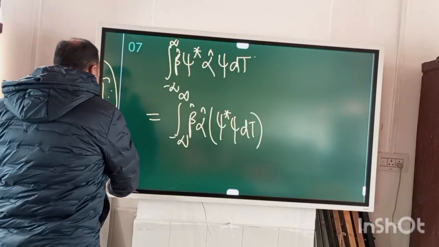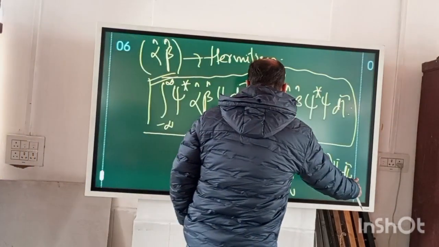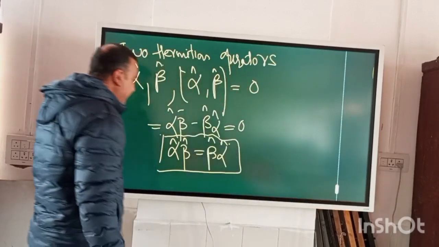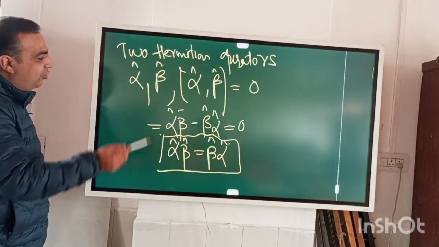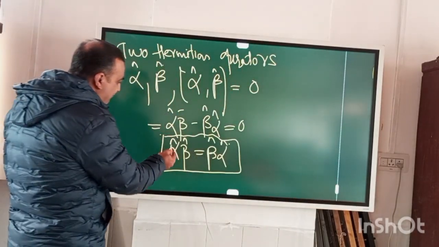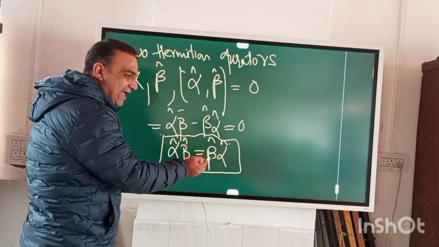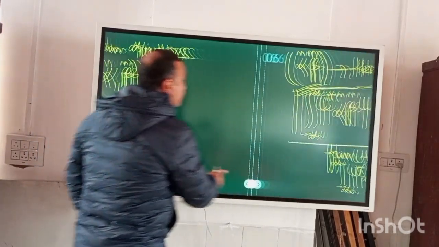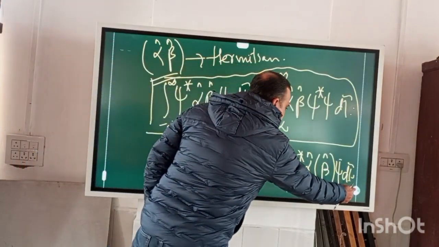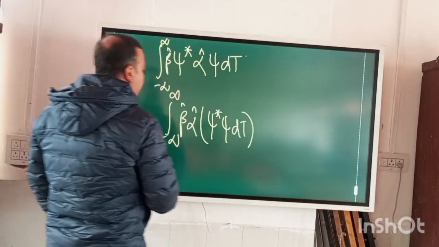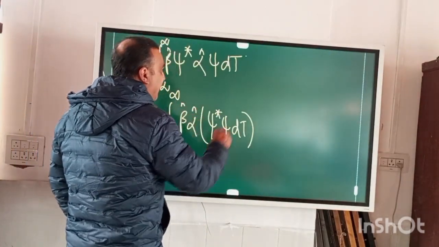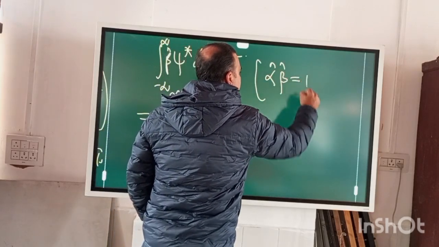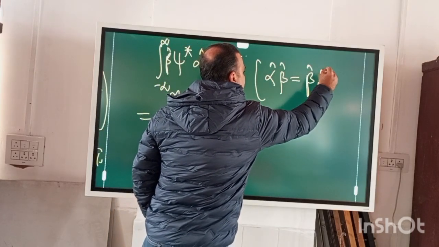Now, if you rightly go back to the commutation relation, what we assume in this problem is that alpha and beta commute. So if they commute, then alpha cap beta cap is equal to beta cap alpha cap. So instead of using beta cap alpha cap, I know that alpha cap beta cap is equal to beta cap alpha cap.